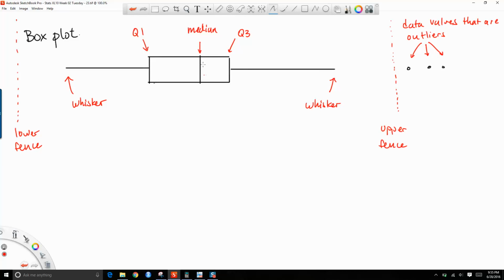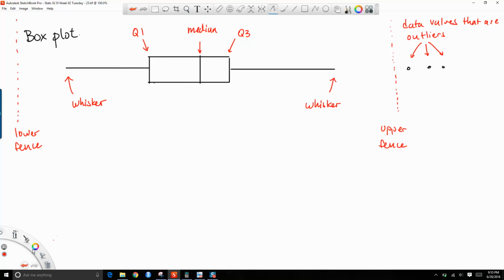How much is between the median and Q3? 25%. And how much is greater than Q3? 25%, okay? How much is in between Q1 and Q3? 50%. The middle 50% of the data is contained between the boundaries of the box, okay?